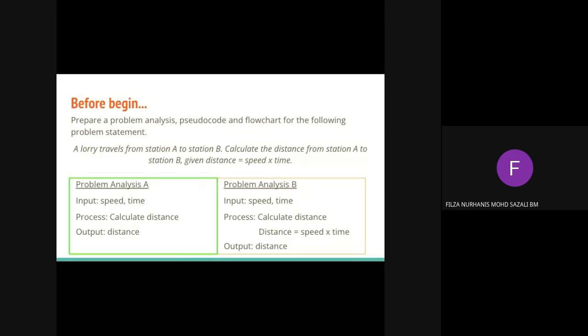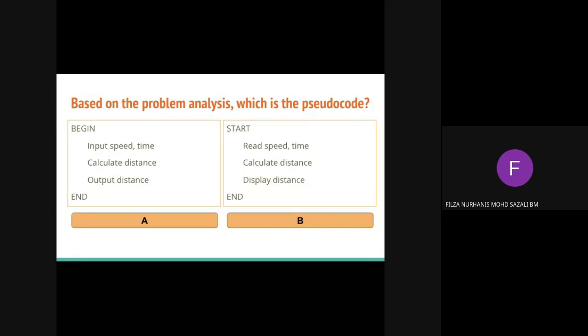Okay. Next, based on the problem analysis, okay, which is the pseudocode? Yang mana satu is the correct pseudocode? Pseudocode A ke pseudocode B? Which one? B, Miss. Kenapa B? A, miss. Kenapa A?